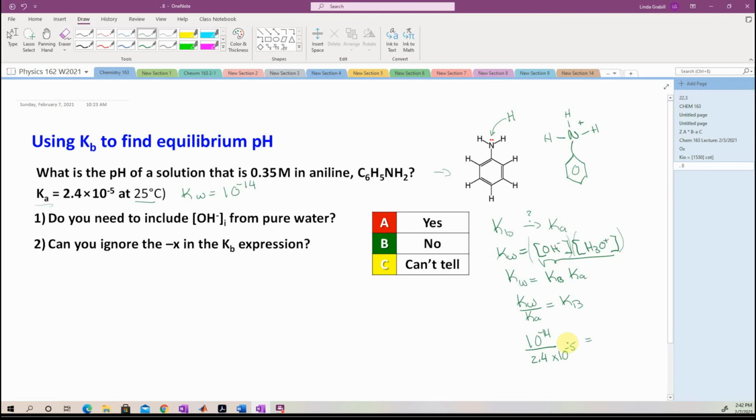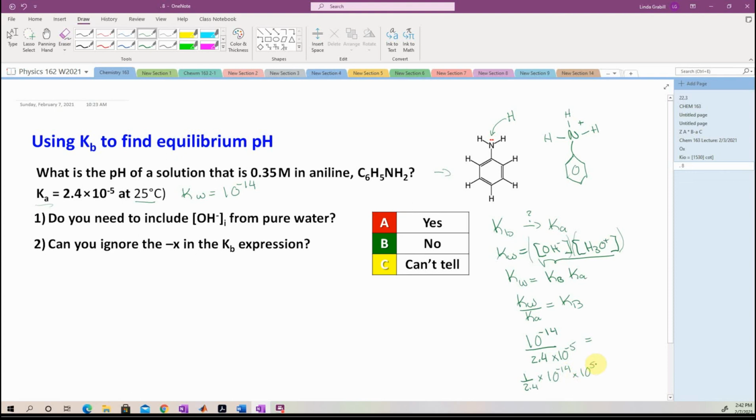So 10 to the negative 14, let me make sure that's clear. Negative 14, there we go. So the 10 to the negative 5 is going to come up top. So I'm going to have 1 over 2.4 times 10 to the negative 14 times 10 to the 5.